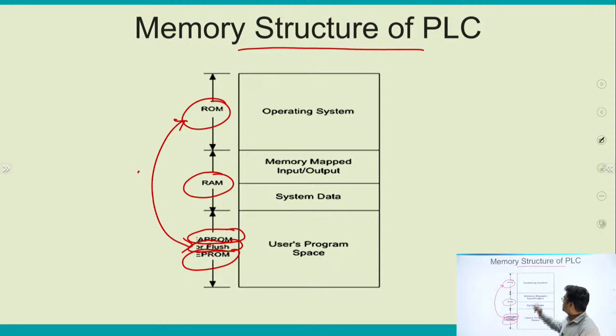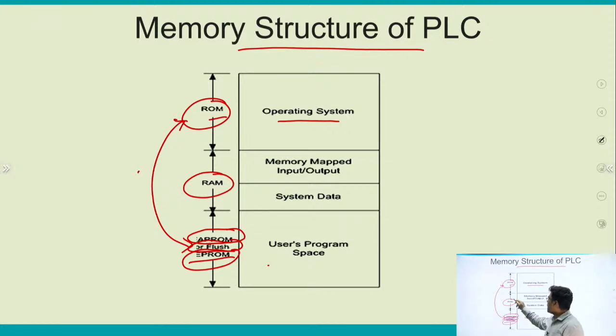So this is the inbuilt system, the ROM, and EEPROM or flash type memory. These flash memories are installed according to the program. If you buy any PLC system, first of all you have to decide what kind of applications you are going to perform and how much memory will be required, and accordingly you purchase the PLC system.